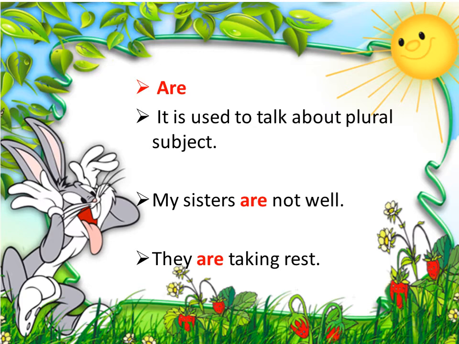There is a difference between two sentences. In the first one, it is telling the state or condition, while in the second one, it is working as a helping verb because it is helping the main verb. In the first one, it is used without main verb, while in the second one, it is used with main verb.